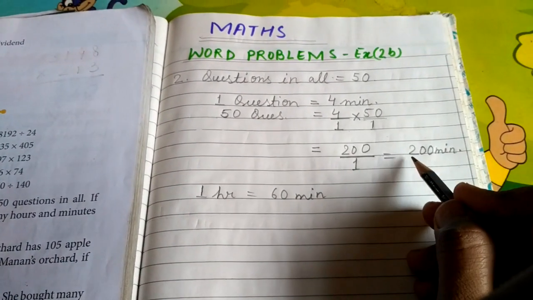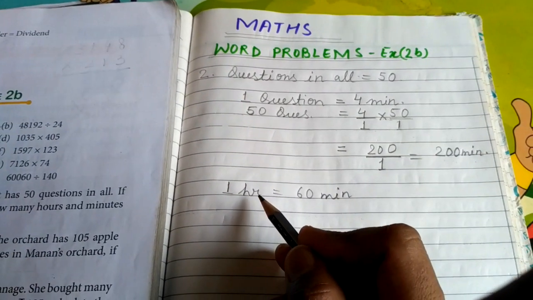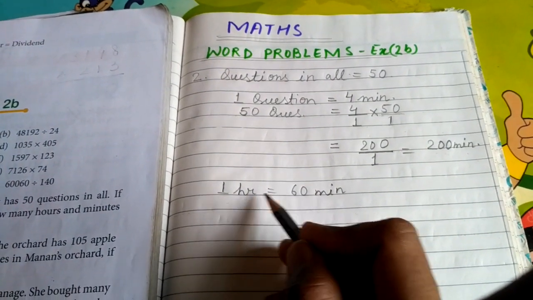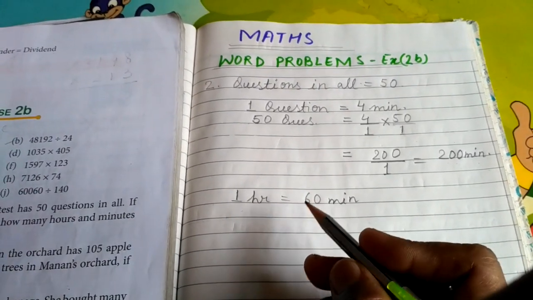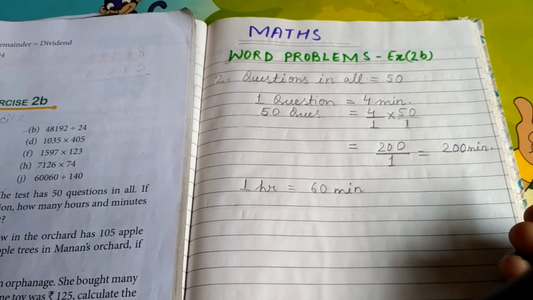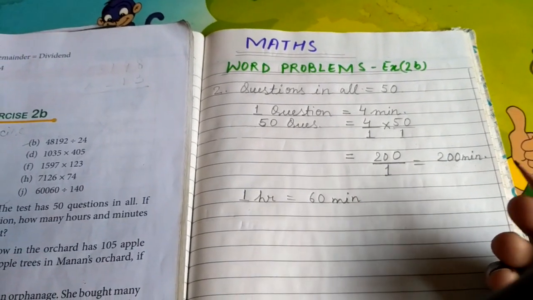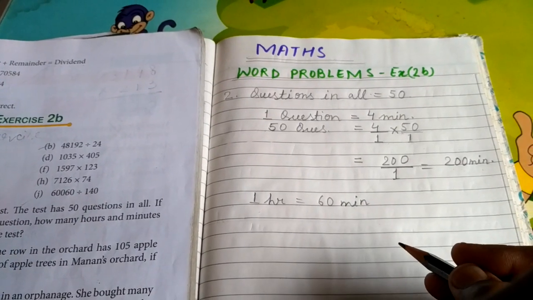Now we know this is the total time, 200 minutes, and we also know that 1 hour is equal to 60 minutes. Then 2 hours is equal to 60 into 2, 120 minutes, and 3 hours is equal to 60 into 3, that is 180 minutes.